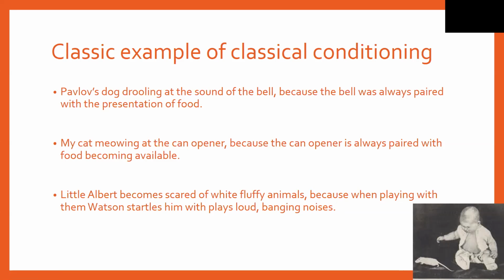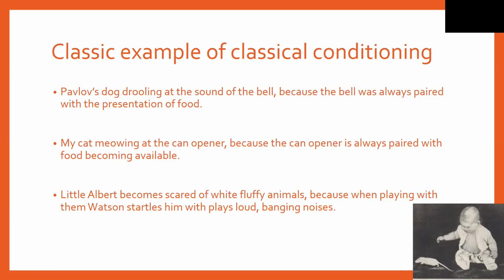Watson ran an experiment on little Albert in which he paired a white fluffy animal, which was usually a rat or a white rabbit or something of that, with a really loud bang. And so the loud bang naturally makes the baby cry. It startles the baby and upsets them, and it's loud and terrible.